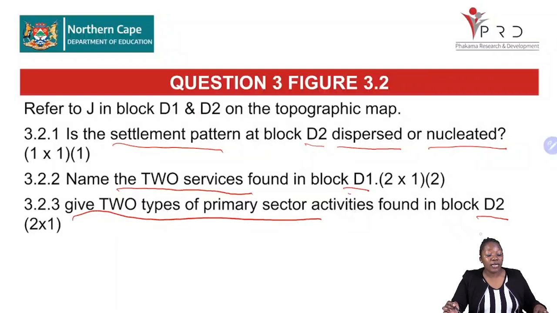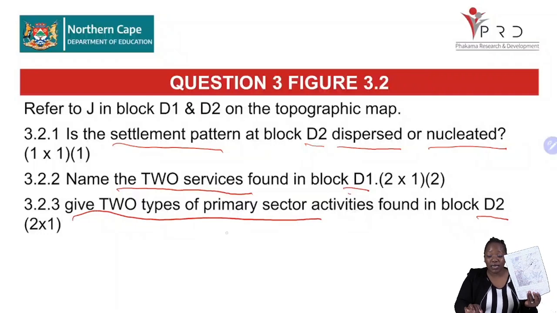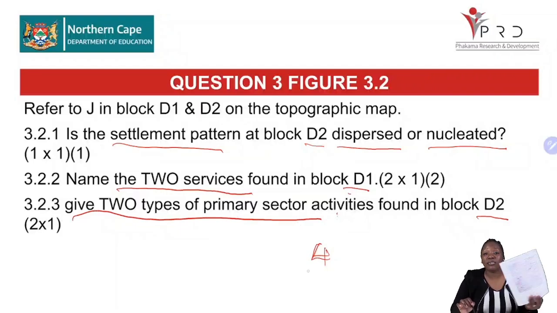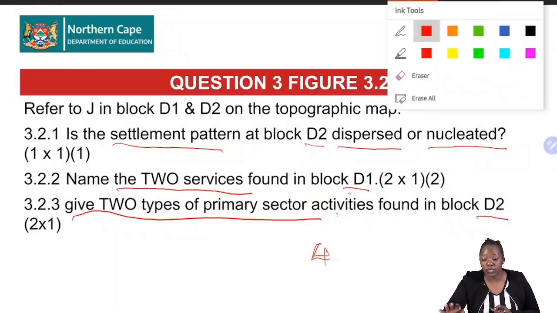Therefore, the importance of referring to the map so that you can answer correctly, because as I'm saying, the primary activities, there are 4. But now the question is asking about the 2 that are included in block D2. So I'm going to give you 6 minutes to work on these 3 questions, and then after 6 minutes, we will be proceeding to the corrections.